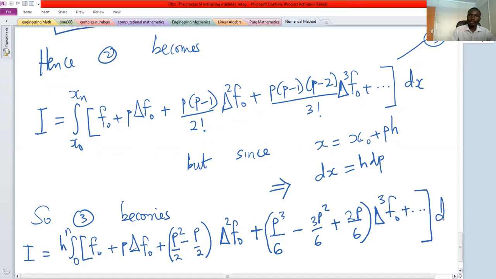And then this is dp because dx was replaced by h dp and h has been factored out because it is a constant. So call this one 4.